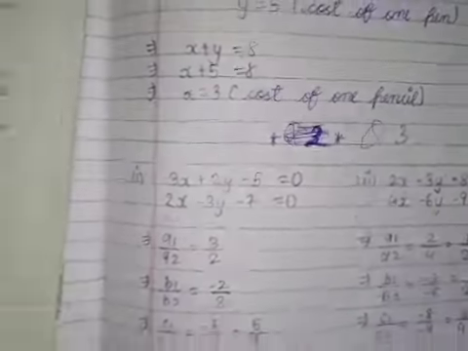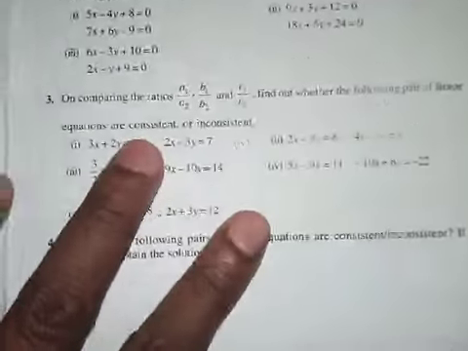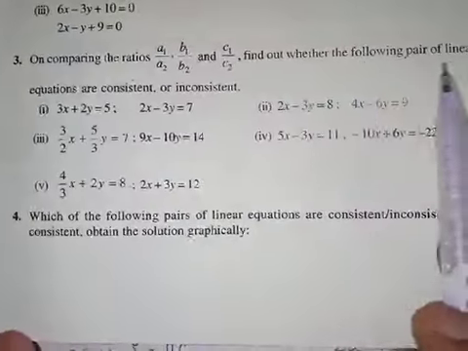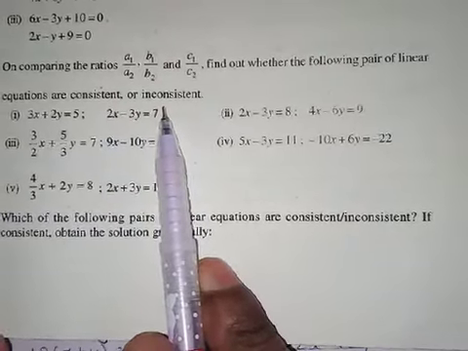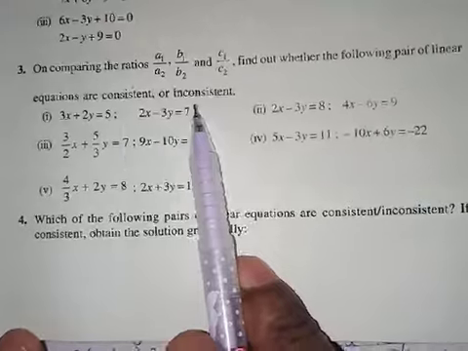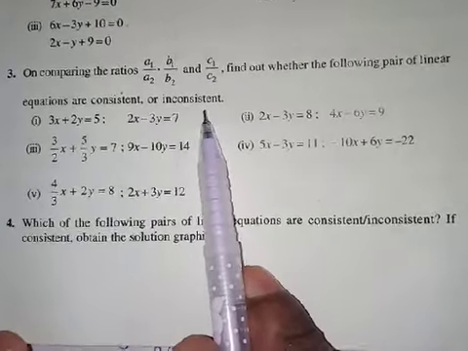So let us start with question number 3. Here, on comparing the ratios, find out whether the following linear pairs are consistent or inconsistent. Consistent means they are intersecting, and inconsistent means they are parallel.